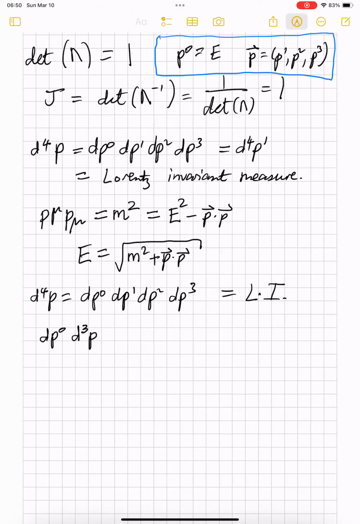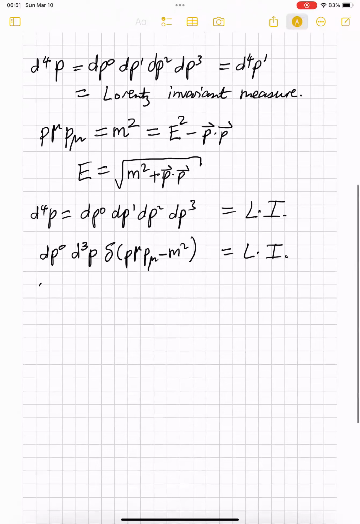And let's multiply this by a delta function. We'll multiply by delta of p_μ p^μ minus m². Well, that delta function only depends on p_μ p^μ, which is a Lorentz invariant, so that delta function itself is a Lorentz invariant. So this is also Lorentz invariant.